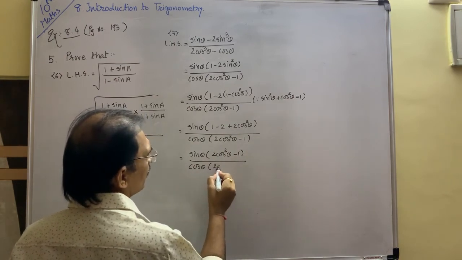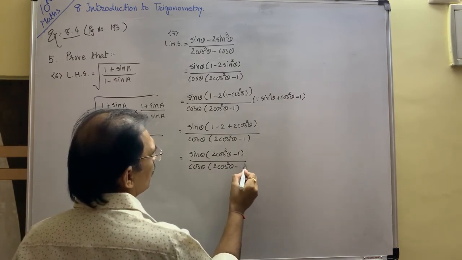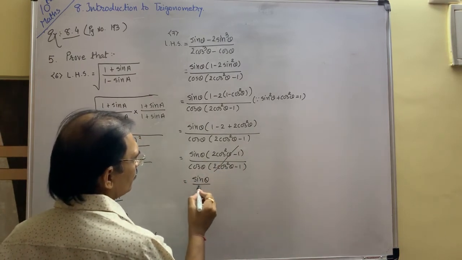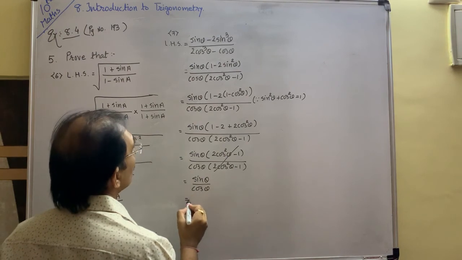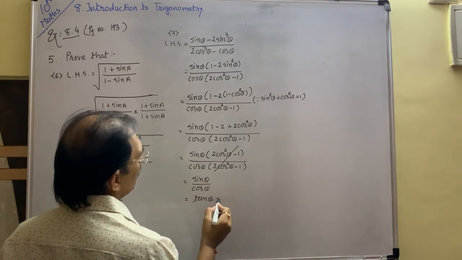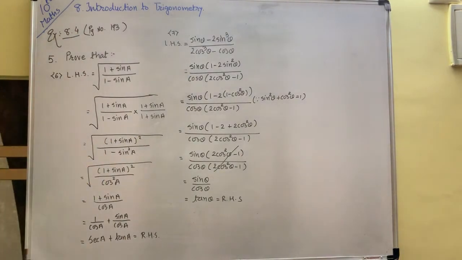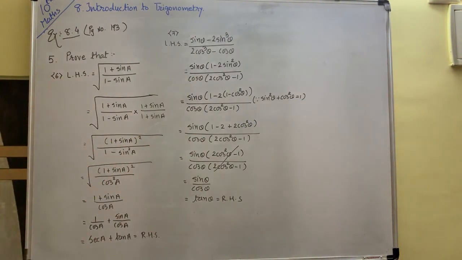Okay? Cancel. Sin upon cos, and sin upon cos is called tan theta. This is your right hand side, very easy. So write down this and write down for 3 to 4 times.